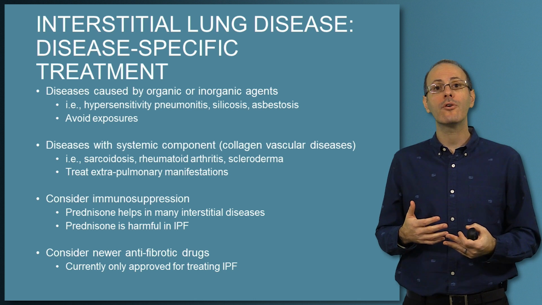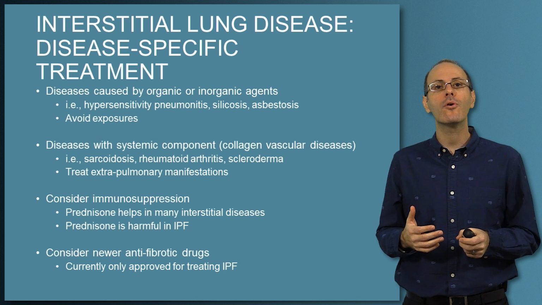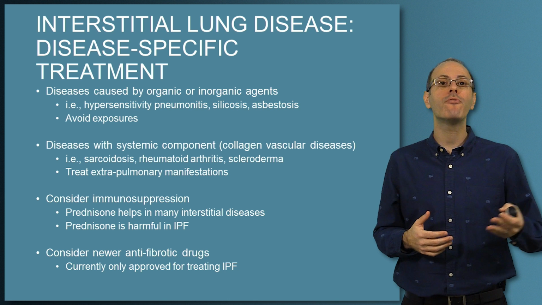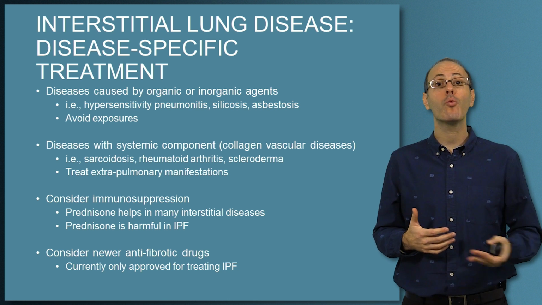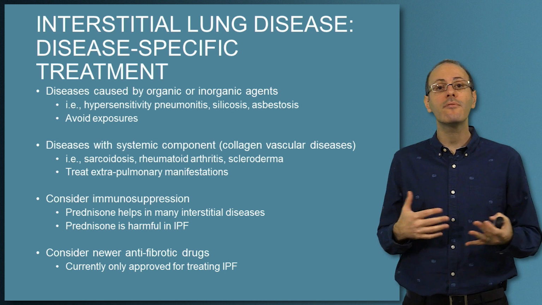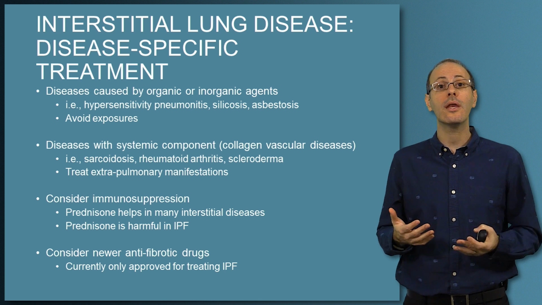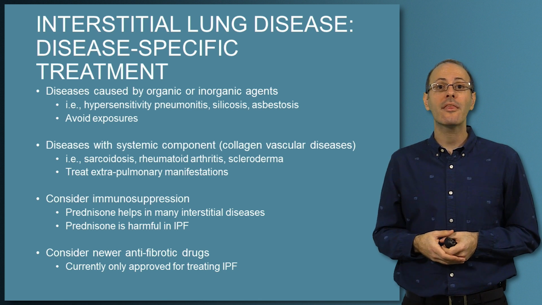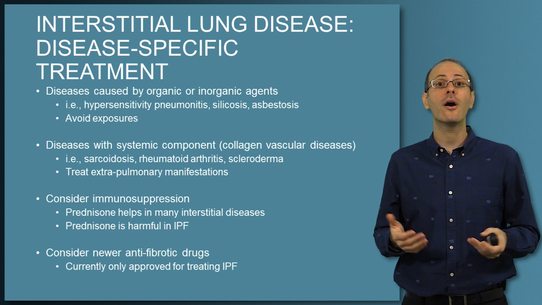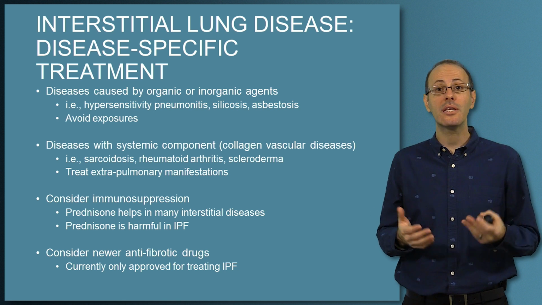And it's really essential that we all know that prednisone has been shown to be harmful in that condition. So whereas you may use prednisone in lots of different kinds of interstitial lung diseases, prednisone should be avoided in patients who have idiopathic pulmonary fibrosis because it is thought to be harmful in that particular condition.